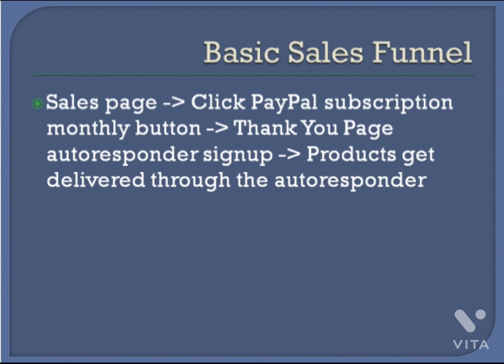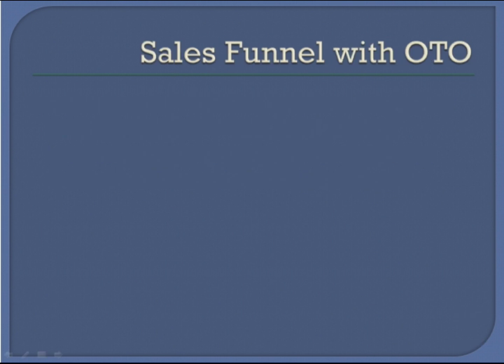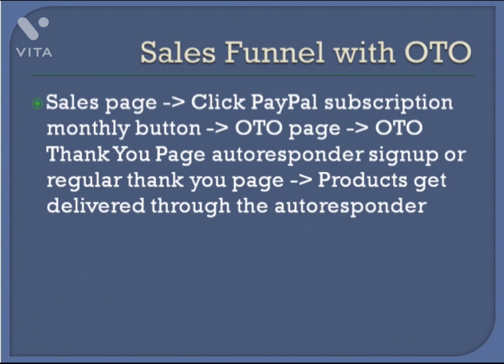Now, if you were to get a little more complicated and add a sales funnel with a one-time offer, it would look like this. They get on the sales page, they click the PayPal button, and then after that, they see a one-time offer that says, hey, hold on, we've got a one-time offer here. If they purchase it, they get sent to the one-time offer thank you page with the autoresponder, or if they say no, they're sent to the regular thank you page.